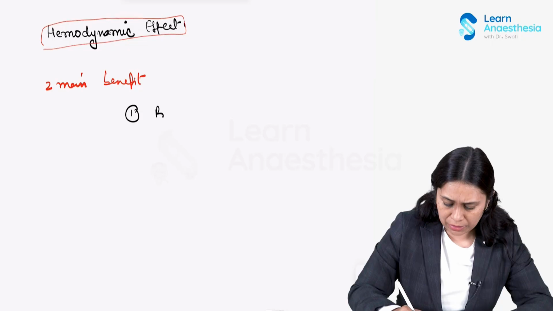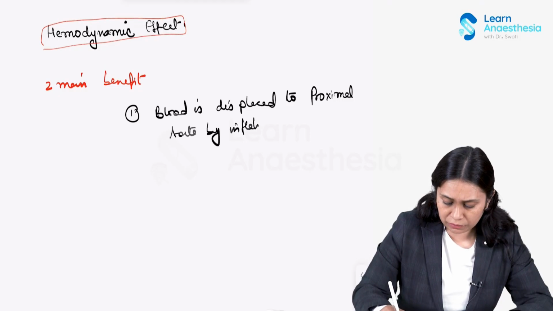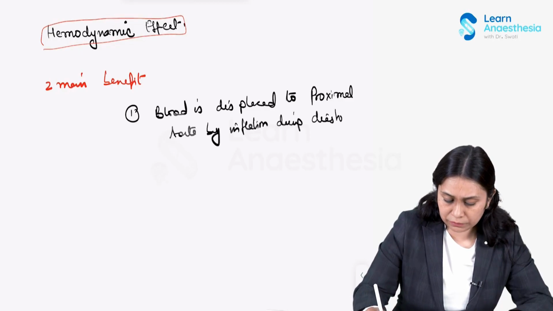So blood is displaced to the proximal aorta by inflation during diastole, right?